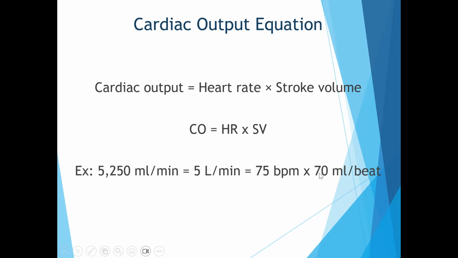So 75 times 70 is 5,250 milliliters per minute, but you will usually see it reported as liters per minute. So there's your 5 liters per minute. That's on the lower end of average for resting.